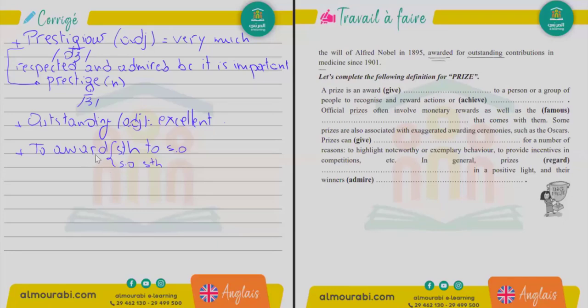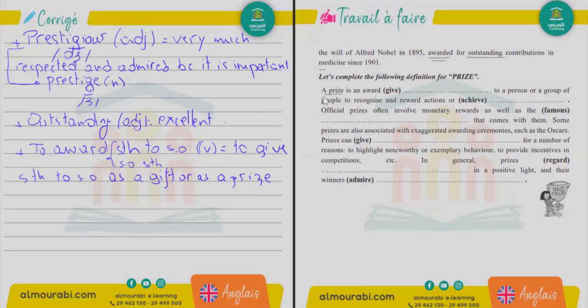We awarded Najib Mahfouz the Nobel Prize in Literature, okay? So awarding something to somebody or awarding someone something, no preposition in between here, okay? So that's it. That's the verb. By definition, if you award, this is giving something to somebody as a gift or as a prize.